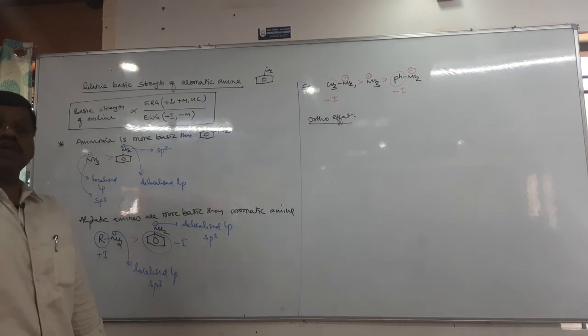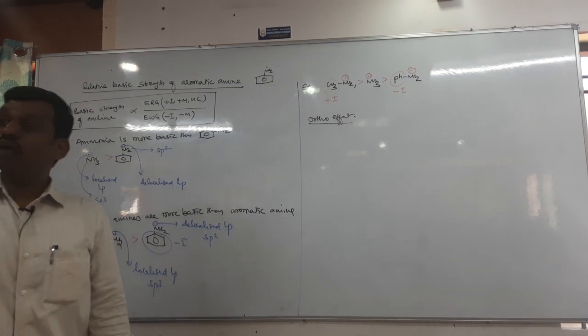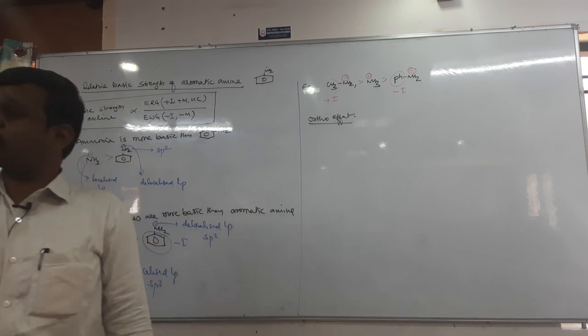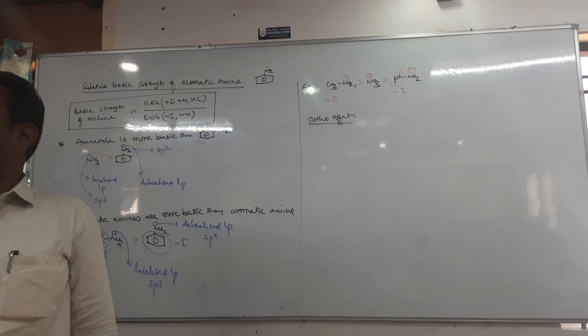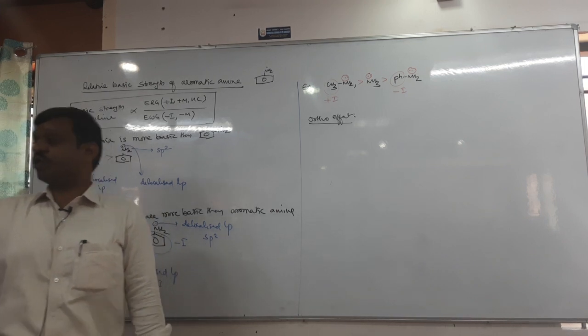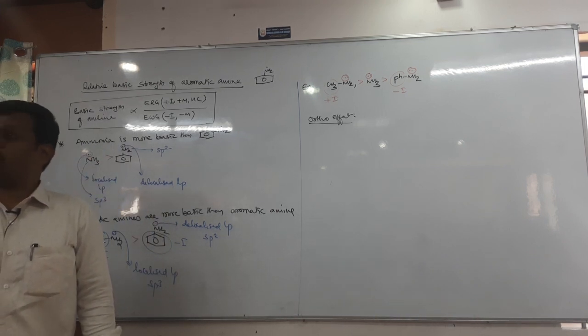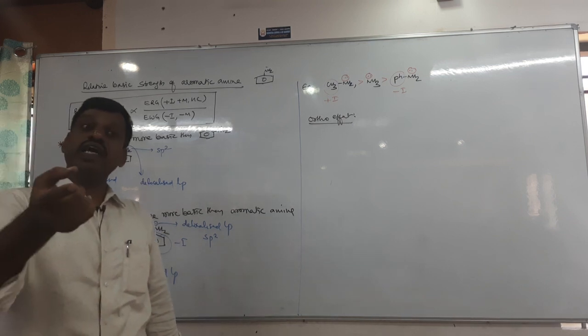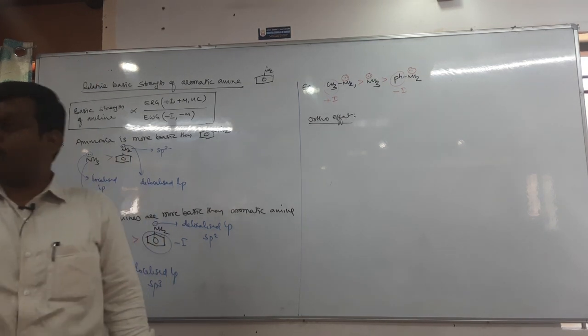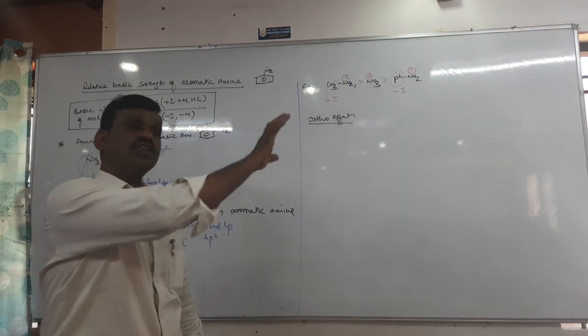Then what is the ortho effect in the case of aniline? Ortho substituted aniline is less basic than aniline irrespective of the nature of the substituent. It is called the ortho effect. It is opposite: due to the ortho effect, the acidic strength of benzoic acid increases, and due to the ortho effect, the basic strength of aniline decreases.